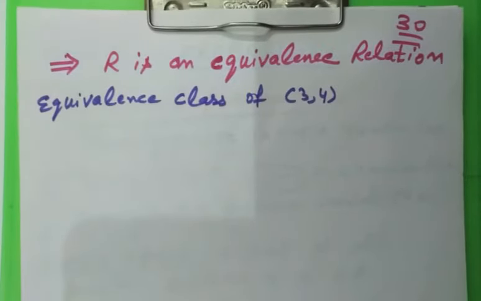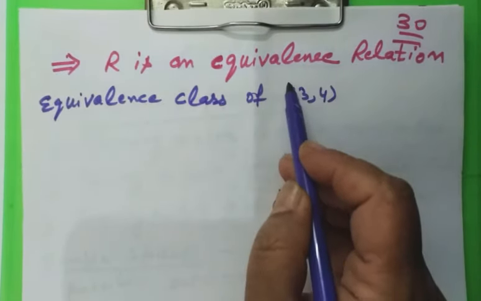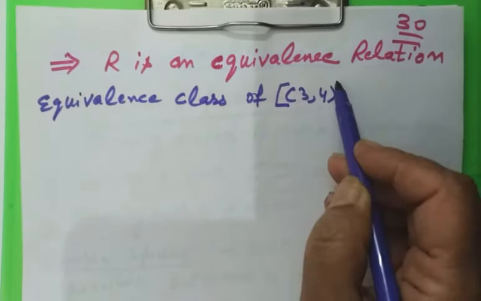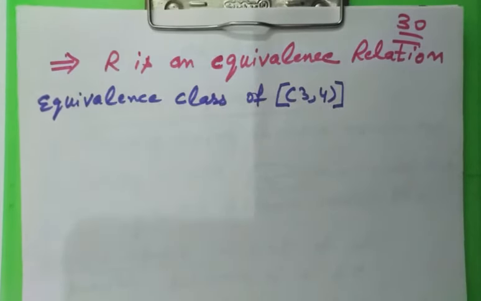Now we have to find the equivalence class of the ordered pair 3, 4. Equivalence class of 3, 4 is denoted by putting a square bracket around the element 3, 4.